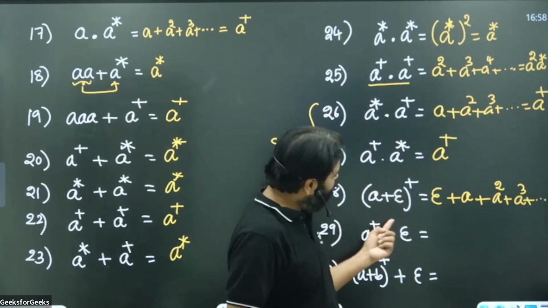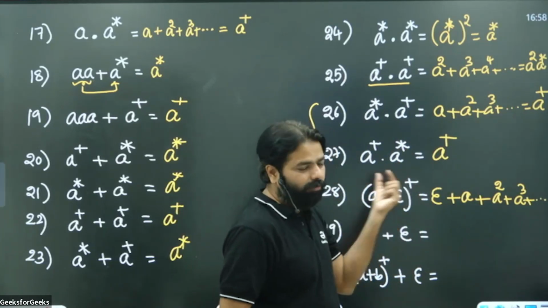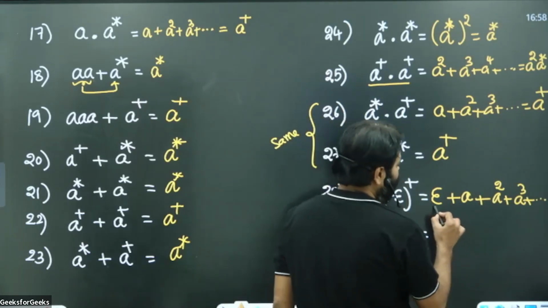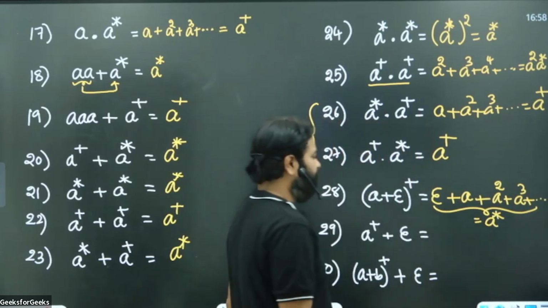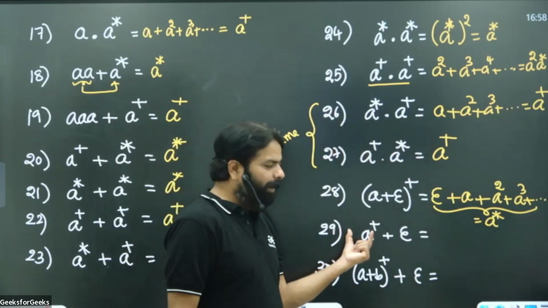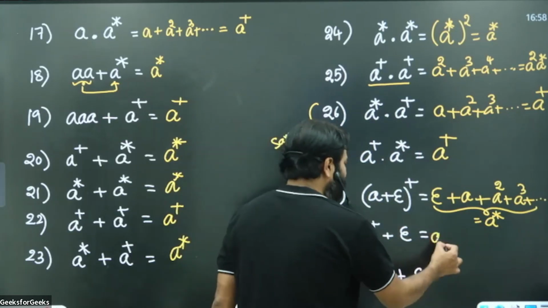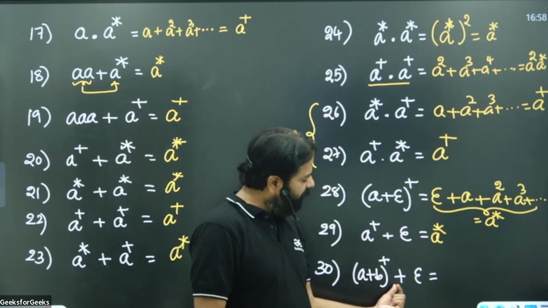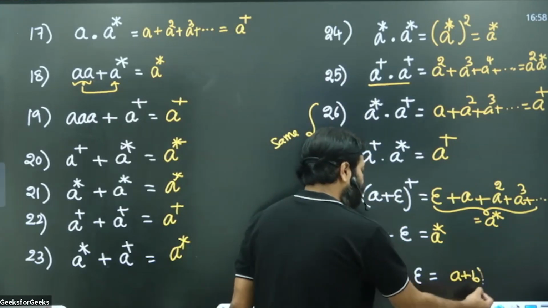And when you look at this, epsilon is not there from outside because power 0 is not possible, but inside you have it. So you can call it A star. What is equal to? A star. And A plus, except epsilon everybody is there, union epsilon. Will you get A star? Yes. And this is R plus union epsilon, you can write R star, that is (A plus B) whole star.